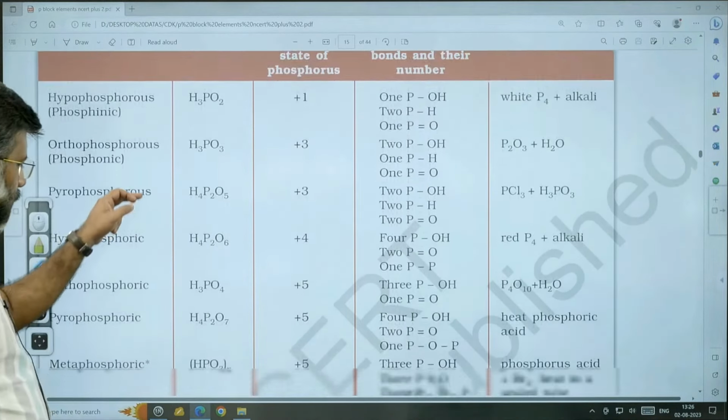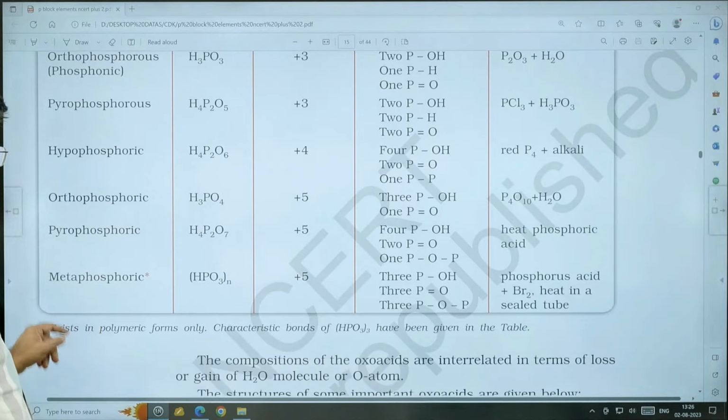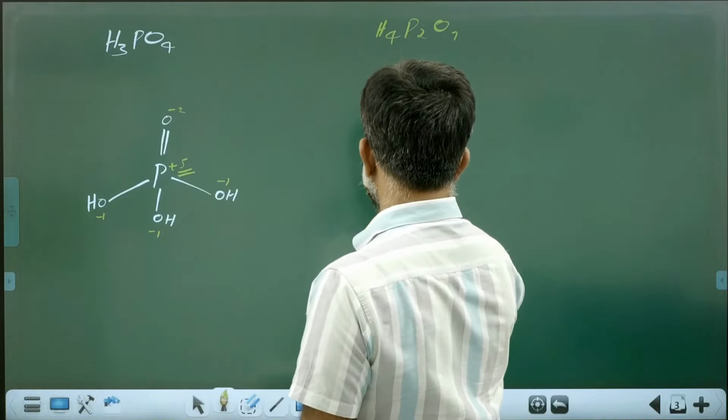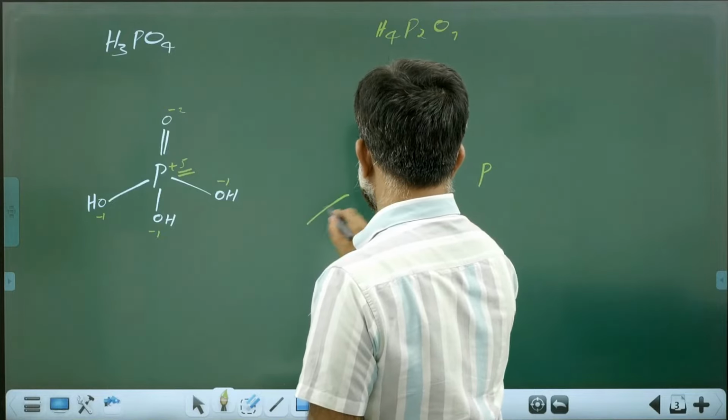Next is H4P2O7, pyrophosphoric acid. Have a look at pyrophosphoric acid. H4P2O7, phosphorus like this.